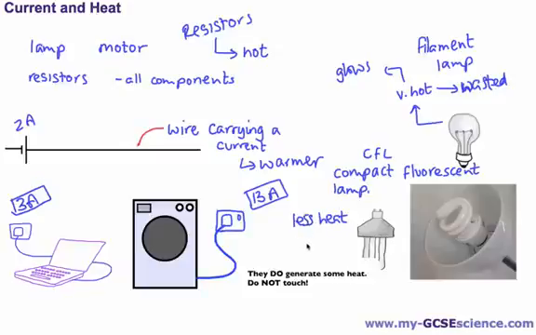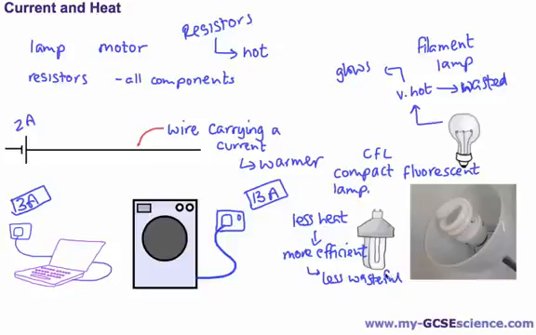In fact, don't do that, but they don't generate much heat at all, and therefore they are more efficient, and therefore waste less energy. So these compact fluorescent lights are better because they waste less energy, and therefore they might contribute less to the carbon dioxide emissions generated by power stations.